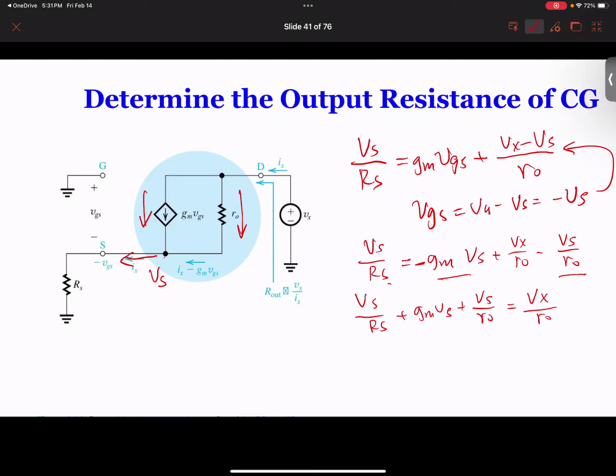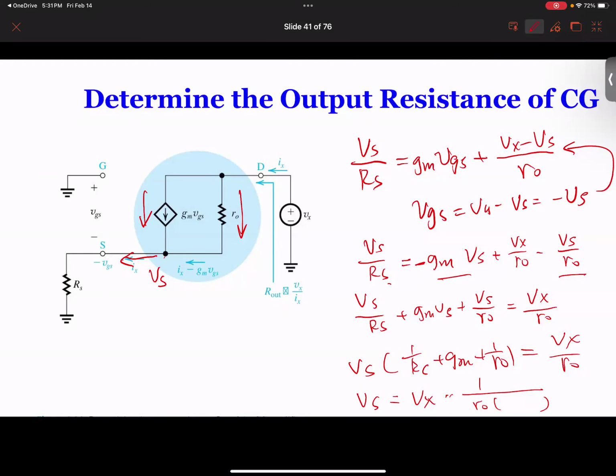So now we have Vs times 1 over Rs plus Gm plus 1 over Ro equal to Vx over Ro. So we have Vs equal to Vx times Ro times all these things together. So we have Vs found.